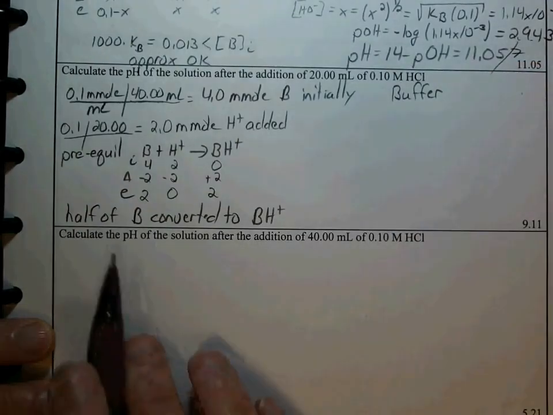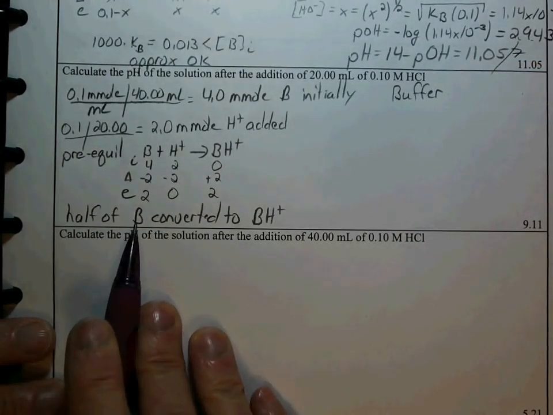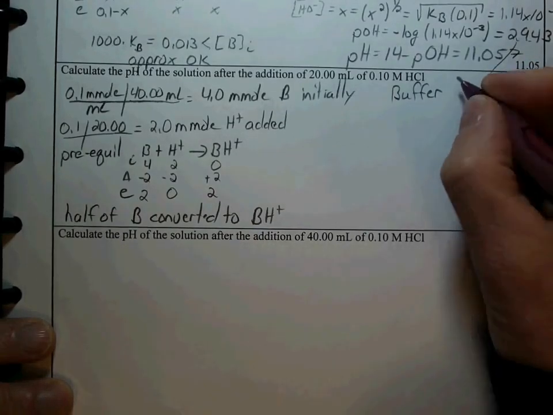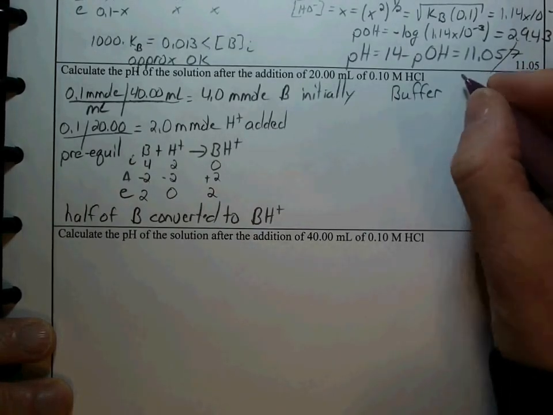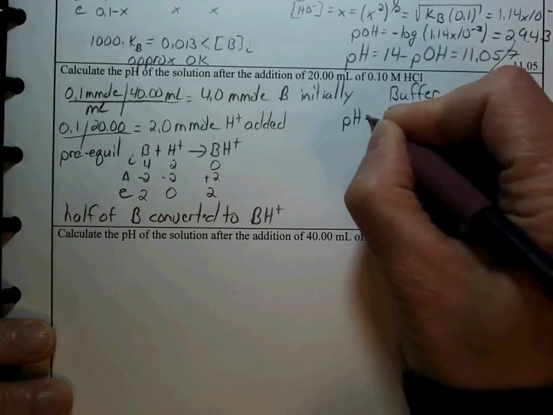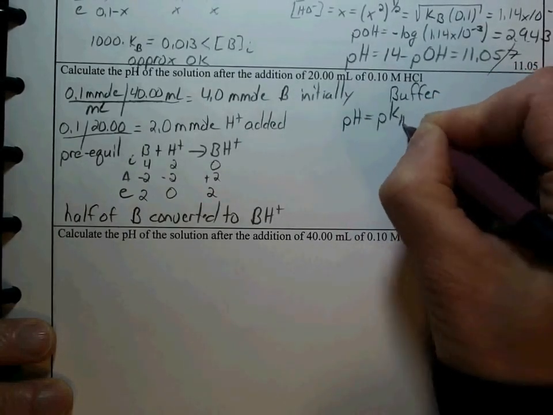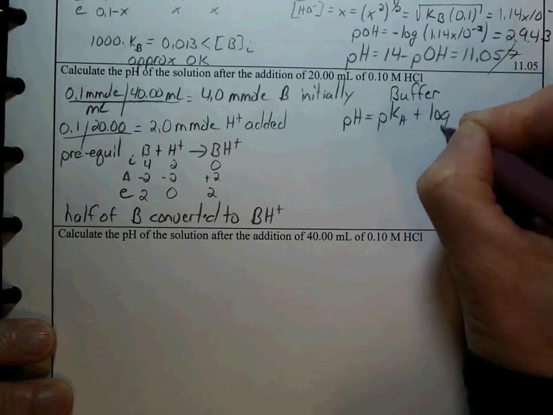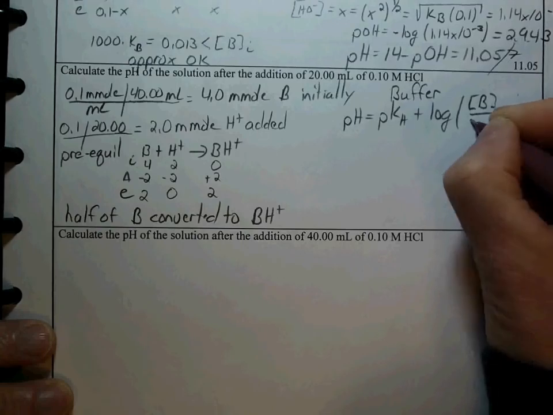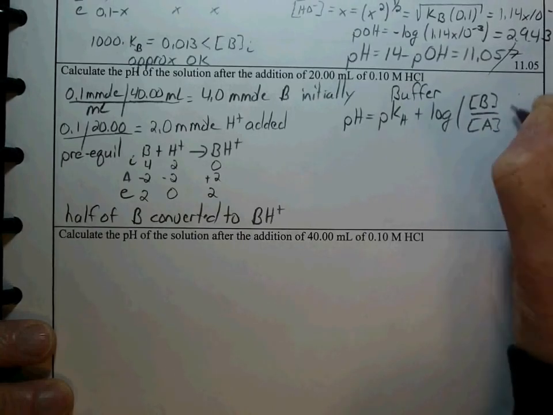Okay, we have a balanced buffer because we have equal amounts of our base and the conjugate acid. So we can say pH is equal to pKa plus log of the concentration of our base to acid.